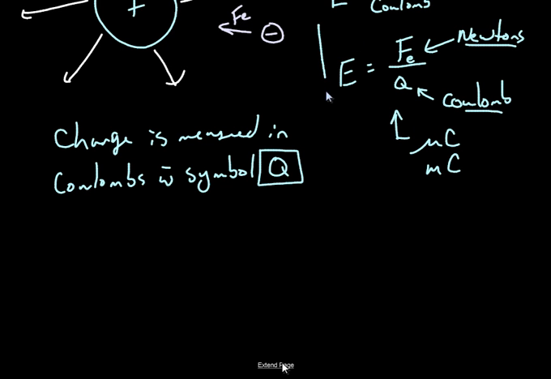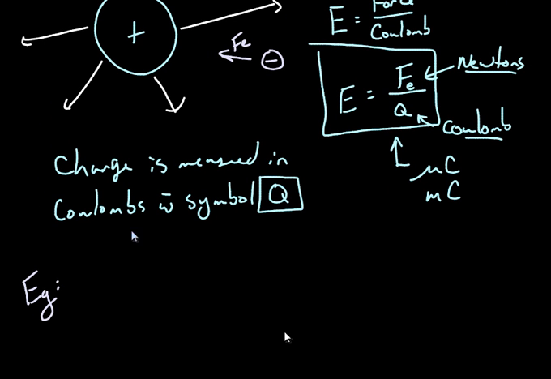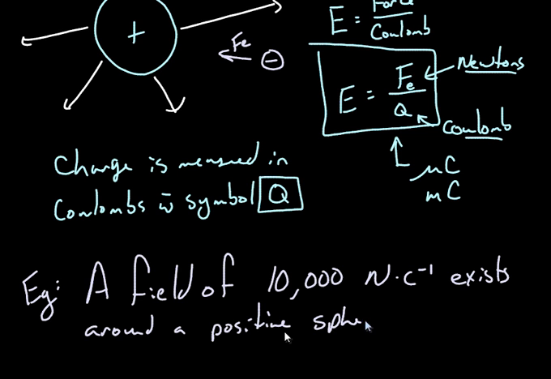Okay, and if we take this, and we create a little question for ourselves, let's see how we might go about using this. So we could say a field of 10,000 newtons per coulomb exists around a positive sphere.